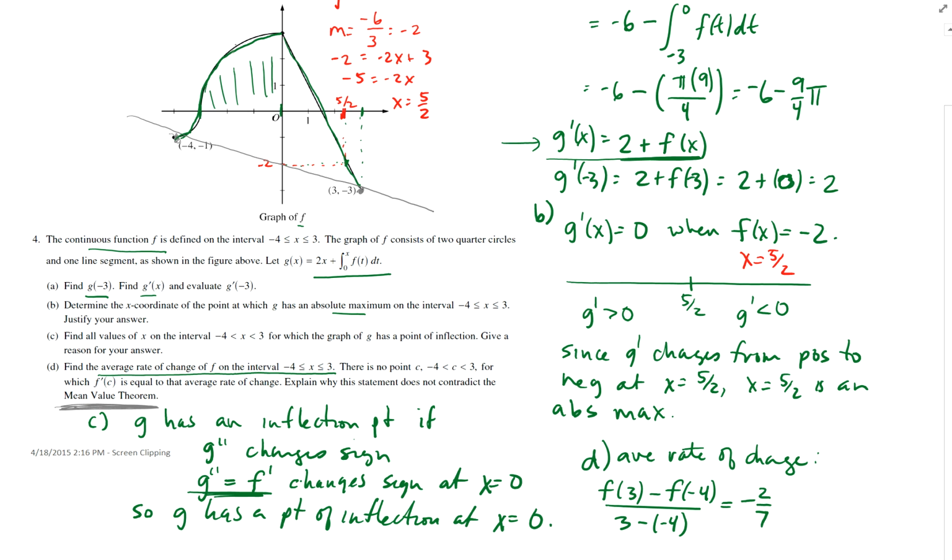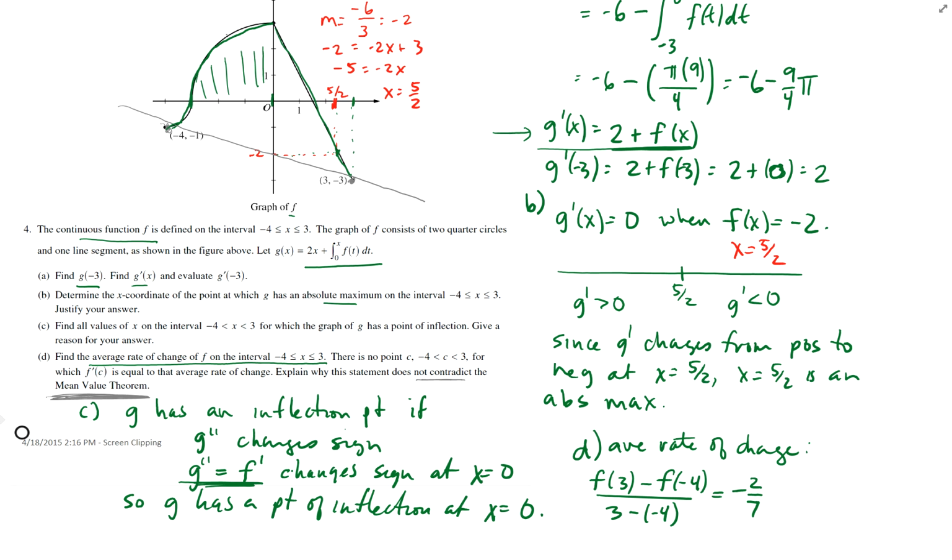But clearly there is no point on this curve that I can draw a tangent line to and have it be parallel to it. Why not? Why is this not a contradiction? That's what they're asking you to explain. What's the big deal here? What condition am I missing that has to be satisfied here? Yeah, you got it.